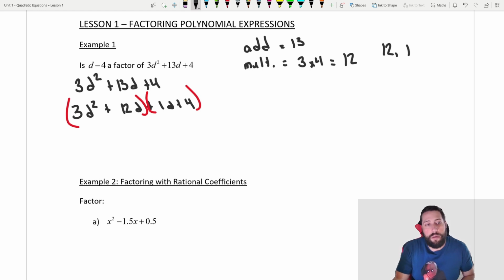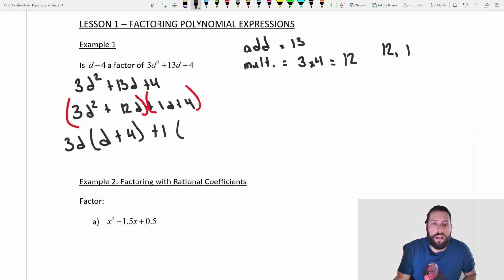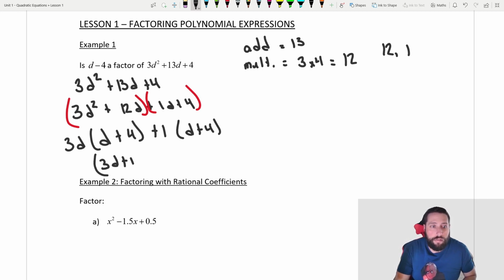The greatest common factor between 3d squared and 12d will be 3d, and all that's left is d plus 4. And in the second bracket, what's common between the two will be 1, and then it's d plus 4. This is great because we can see that there are two brackets that are the same, so we can rewrite this to be 3d plus 1 and then d plus 4.